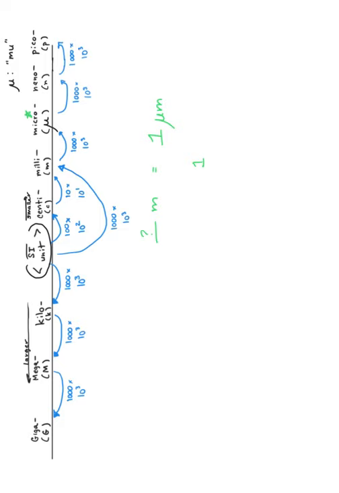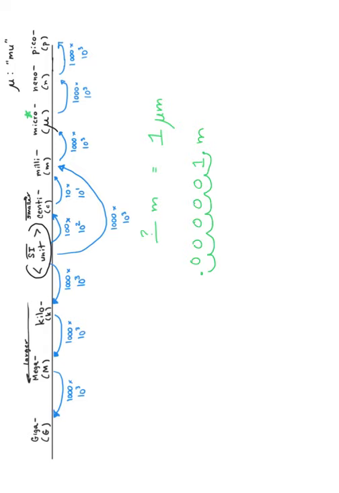Here it's going to be a total of 6 jumps, but because this timeline is organized so that we go from micro to our baseline SI unit by moving left, we're going to move our decimal point left a total of 6 places. 1, 2, 3, 4, 5, 6, and fill in any vacancies and gaps with zeros. The equivalent measure to 1 micrometer in meters is 0.000001. 5 zeros after the decimal point, then a 1.